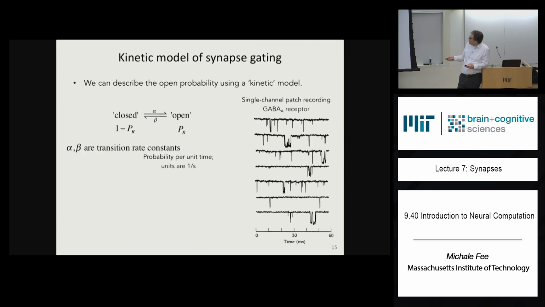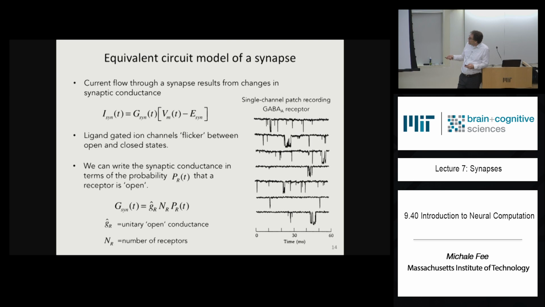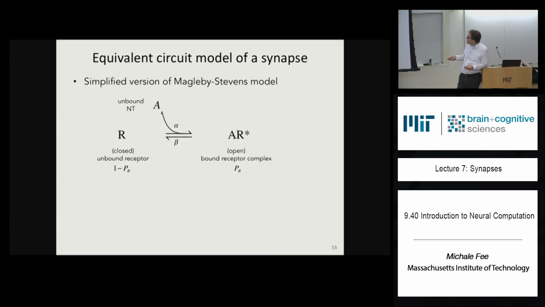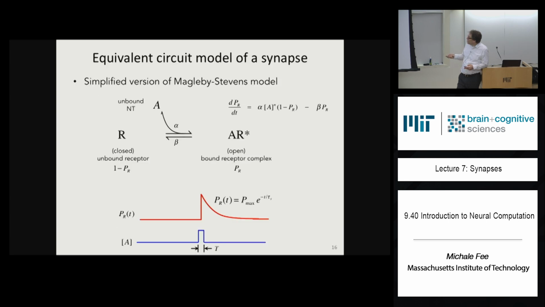That probability you just multiply by some constants to get the conductance. Okay, so that is what the conductance looks like.